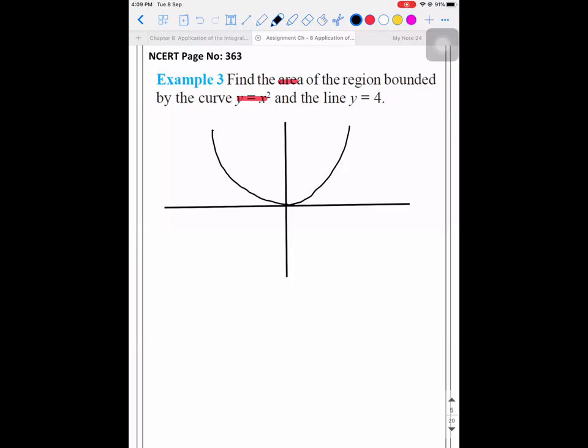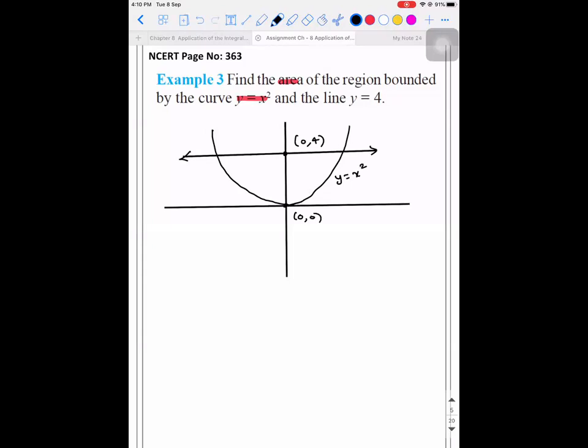It is a line parallel to x-axis. So this coordinate will be (0, 4), and this coordinate will be (0, 0), and this is y is equal to x square.